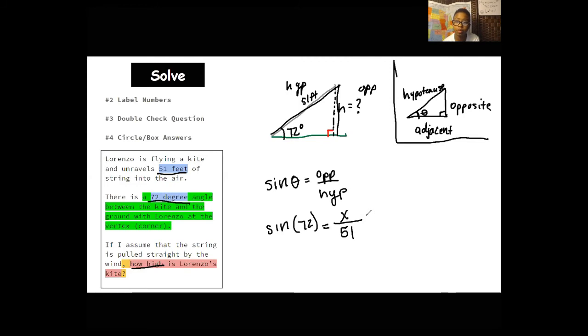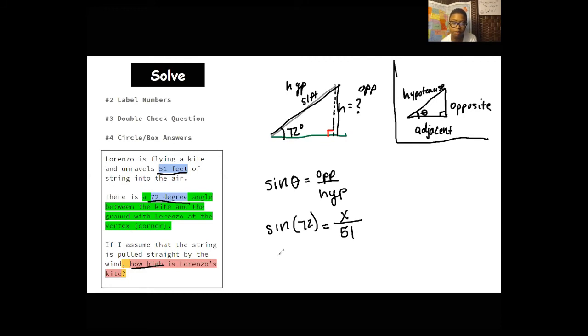Now, we have a fraction on one side of the equation, and we have a number. This is going to reduce to a non-fraction on the other side of the equation. How about we change this non-fraction to a fraction, okay?